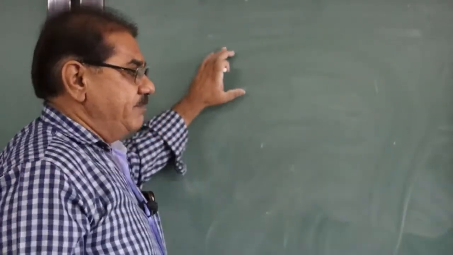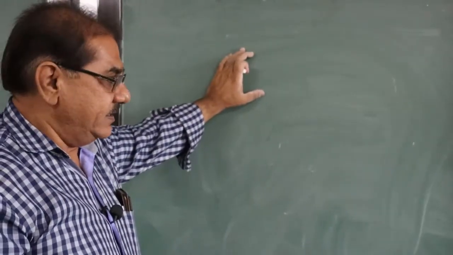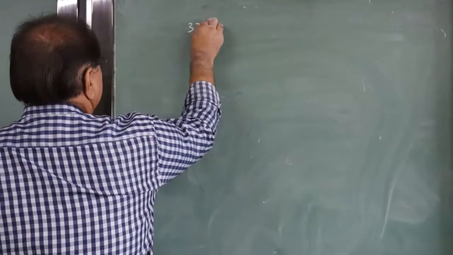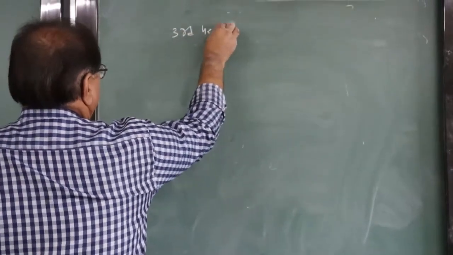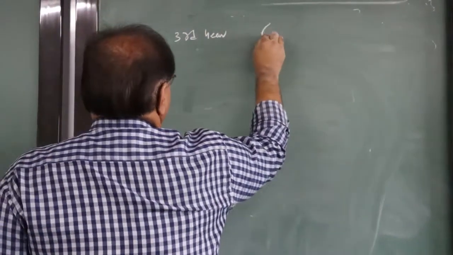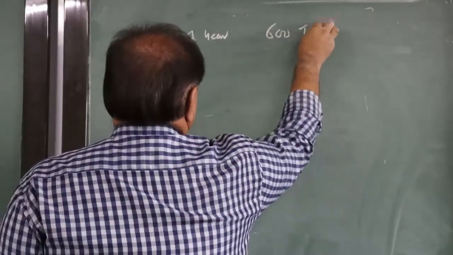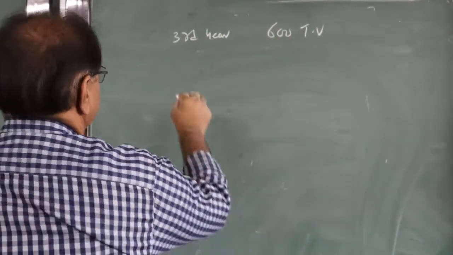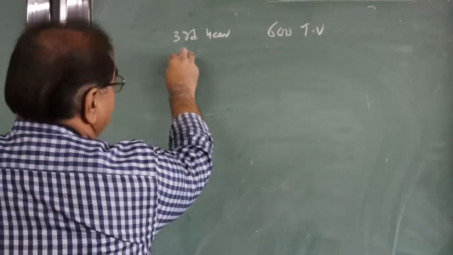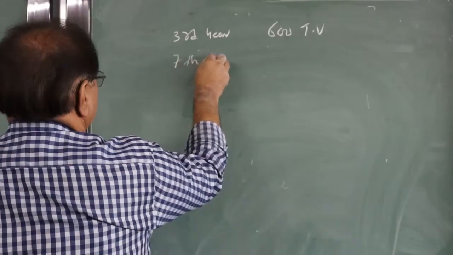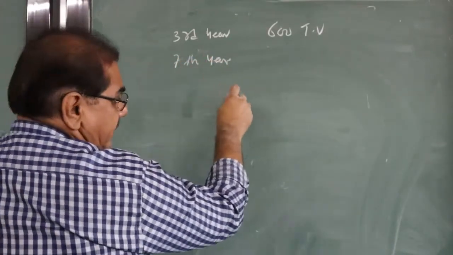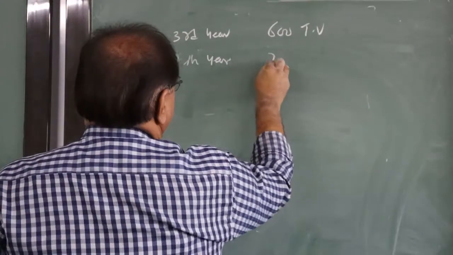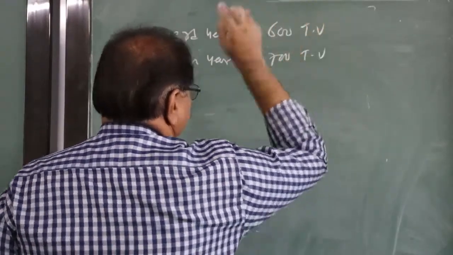There is a manufacturing company of television. It is said that in the third year, it produces 600 TV sets. In the 7th year, it produces 700 TV sets.